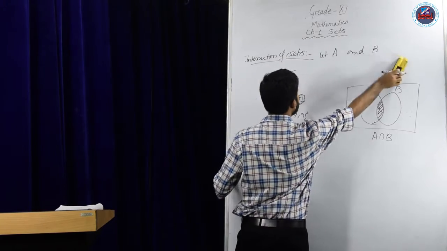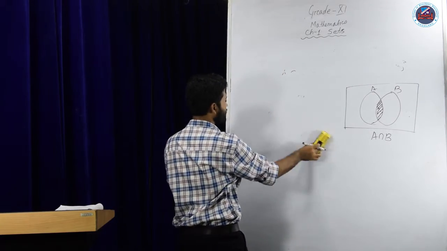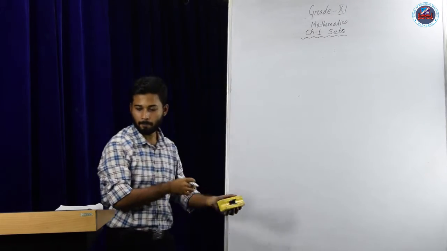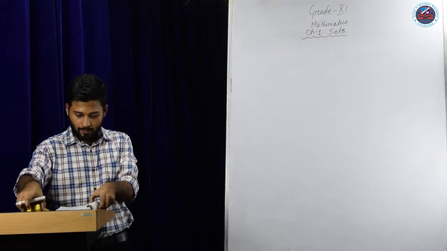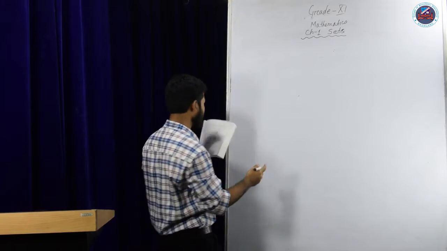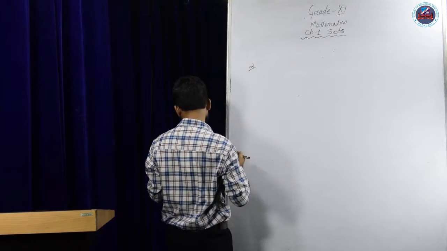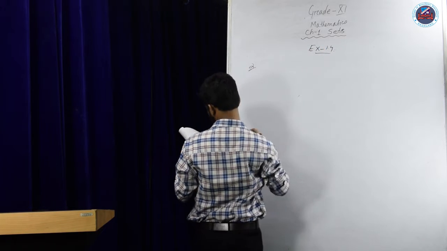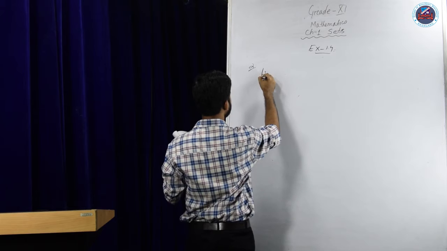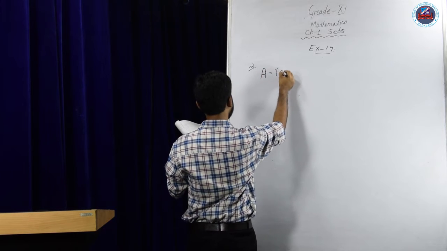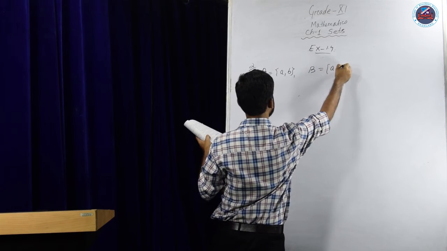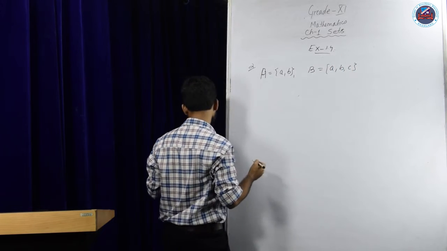So let us solve the exercise 1.4. Here, if we see question number 2, it is given A is equal to {a, b} and B is equal to {a, b, c}.